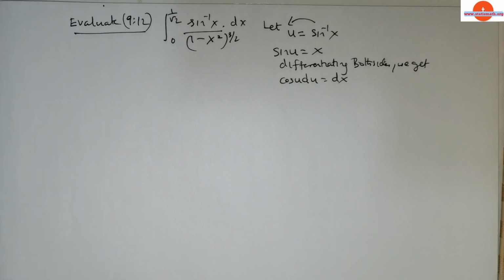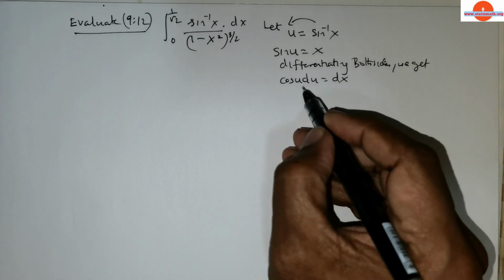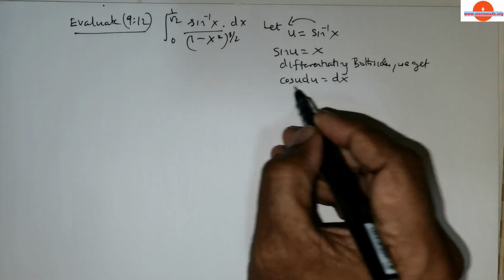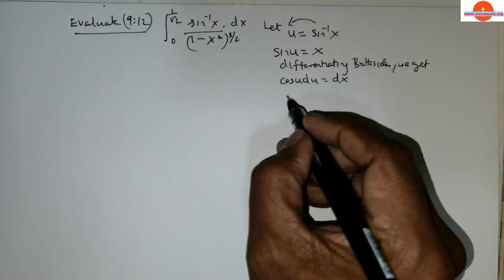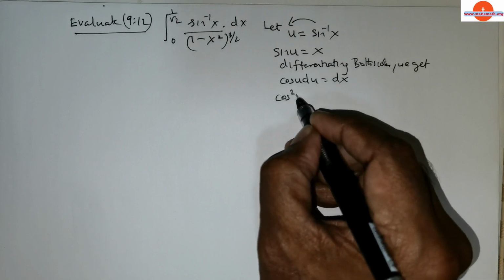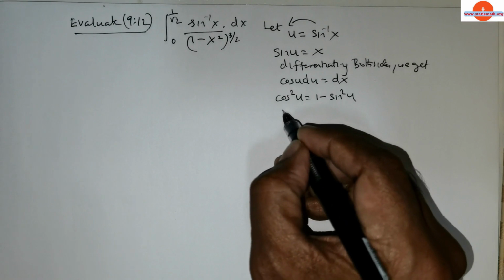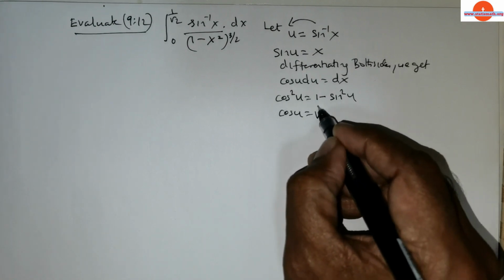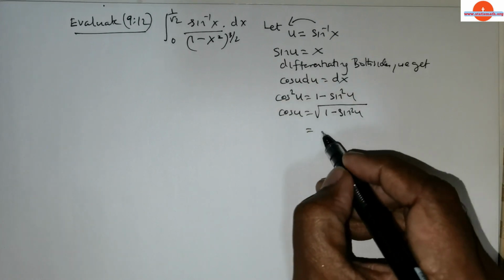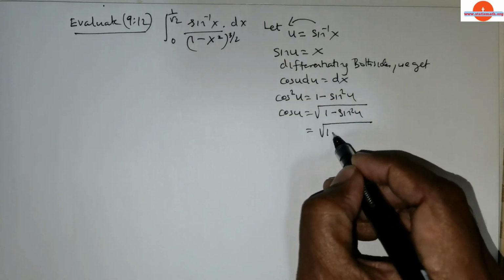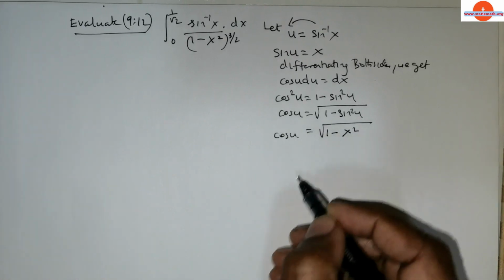Now we are going to rewrite cos u in terms of sine u, because I don't have a quantity involving cos. I know that cos squared u is 1 minus sine squared u. So cos u is going to be the root of 1 minus sine squared u. Since x is sine u, root of 1 minus x squared is equal to cos u.